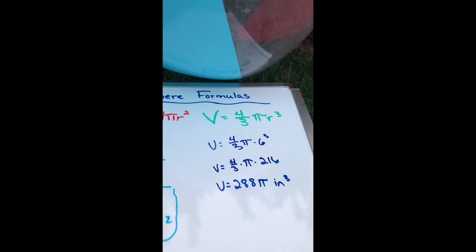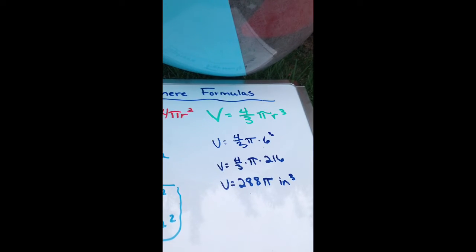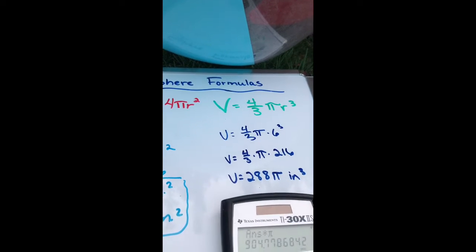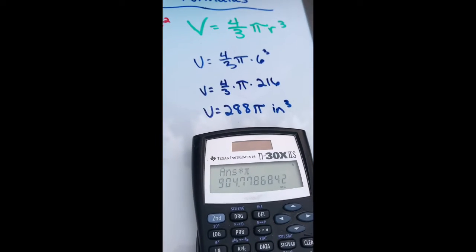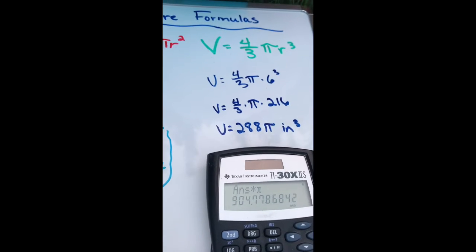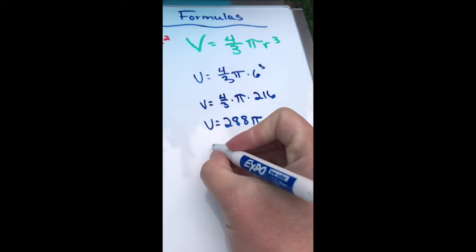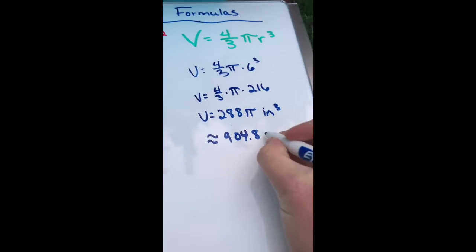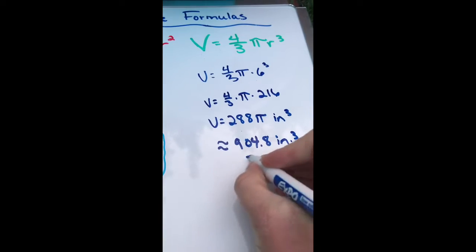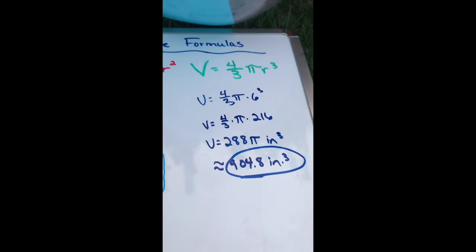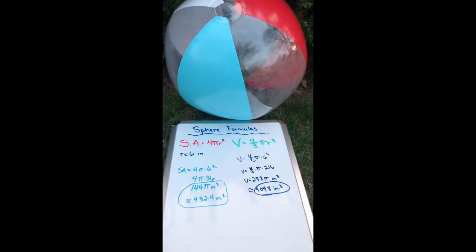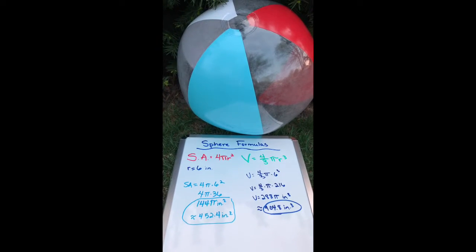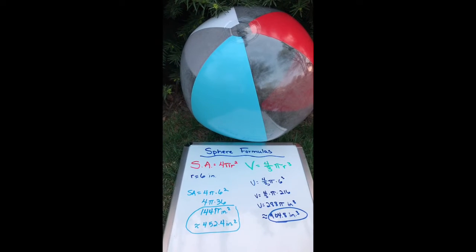And then if we're going to figure out in terms of pi, 288 times pi is approximately 904.77 yada yada, so we're going to say 904.8 inches cubed. And this is totally painless. That's it. That's all. Okay, we are going to do a couple of things where we go backwards, but this, you have the basics of spheres.